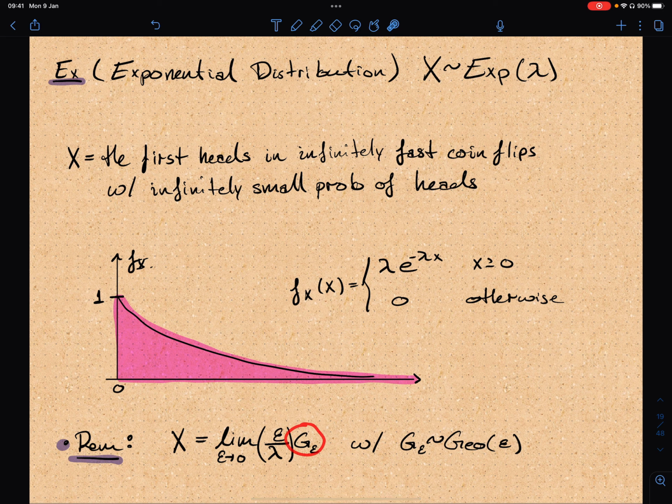This is going to be the number of heads it takes, and then you scale it by epsilon over lambda, which tells you how fast you're flipping the coins, and then it's going to give you this random variable. The probability density function is going to be this, and it's only going to be positive in this region and 0 in this region.